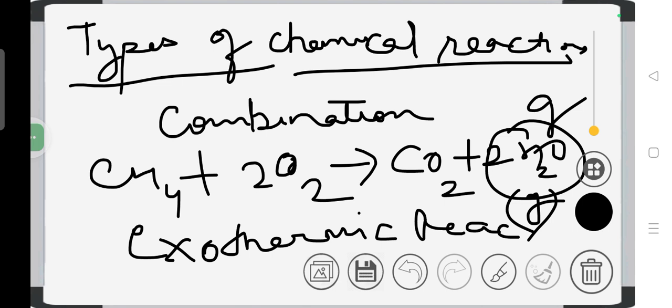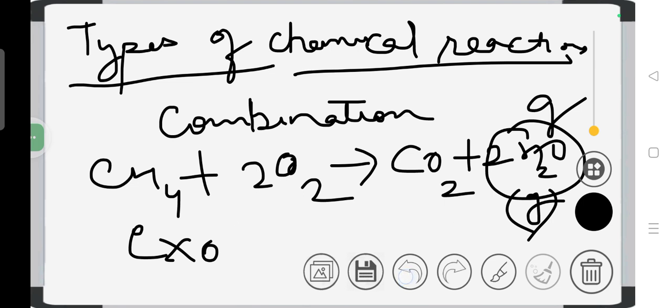Now children, there is one more type of reaction in which energy is released, that is the respiration reaction. I hope you have studied the respiration reaction in the previous class also, where heat is released. Let me tell you that also.